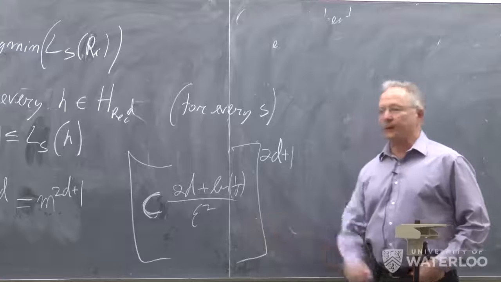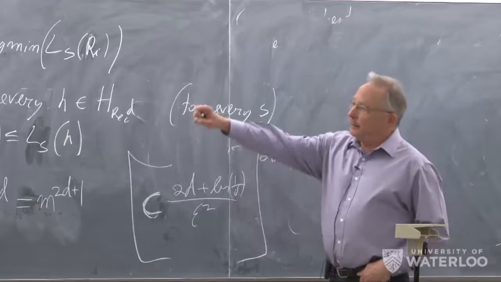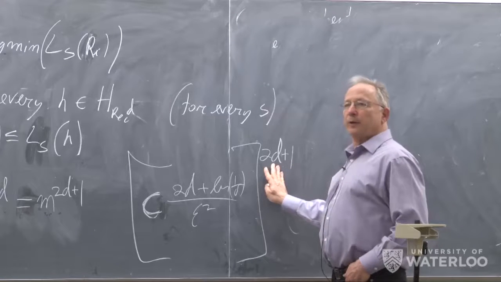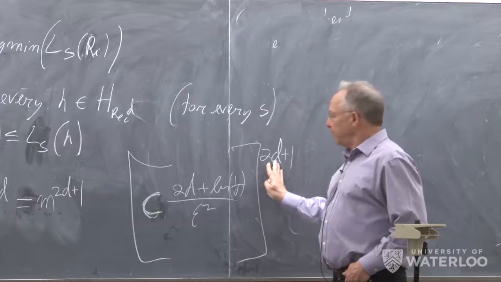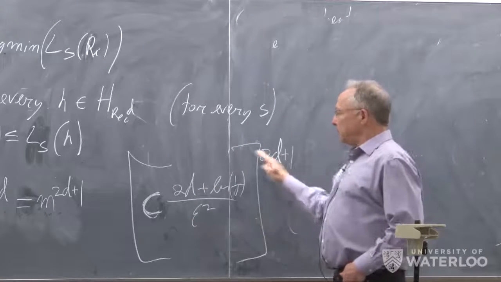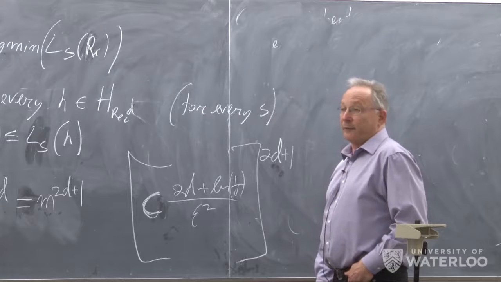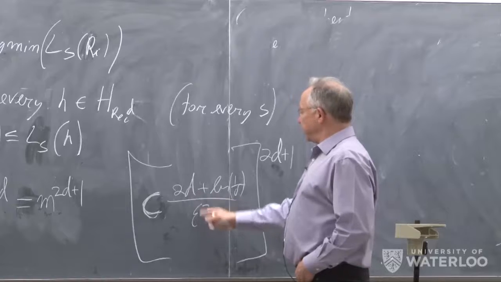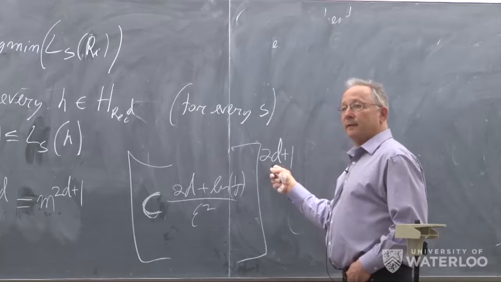So if I look at this runtime, what do I see? I see that if I fix d, if I view d as a constant, I just want to learn rectangles over 5 variables, then these things look like polynomial time. Because if I have 5 variables, I have here my parameters, 1 over epsilon, 1 over delta, and the power here is 11.